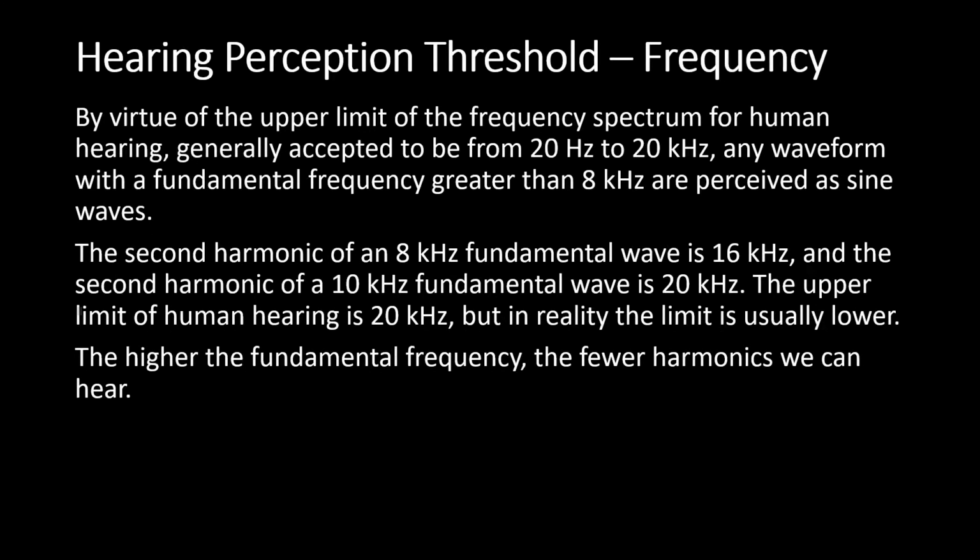The next hearing perception threshold that we're going to look at is that of frequency. By virtue of the upper limit of the frequency spectrum for human hearing, generally the range being from 20 hertz to 20 kilohertz, any waveform with a fundamental frequency of greater than about 8,000 hertz will almost always be perceived as a sine wave, because the second harmonic of the 8 kilohertz fundamental is 16,000 hertz, and the second harmonic of a 10 kilohertz signal is at the upper limit of most human hearing.